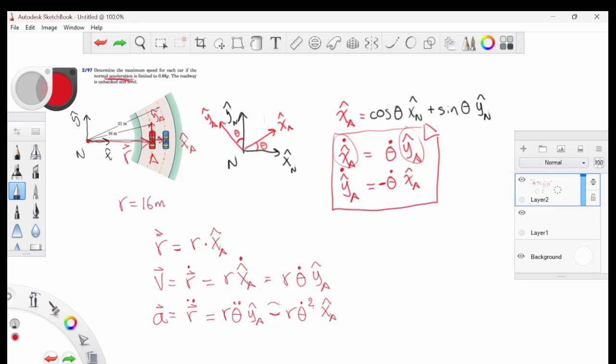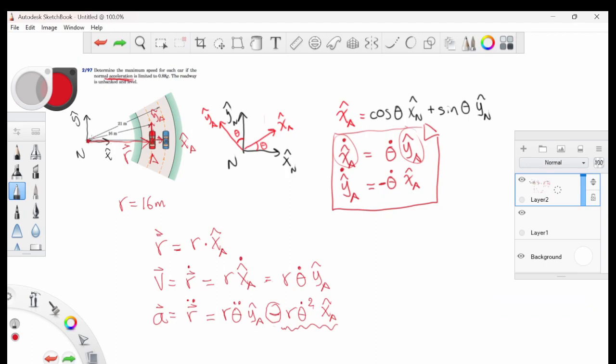The negative sign is important because this is a square term, so this is positive. R is the distance, which is also positive, meaning that this vector will always point internally to the rotation.